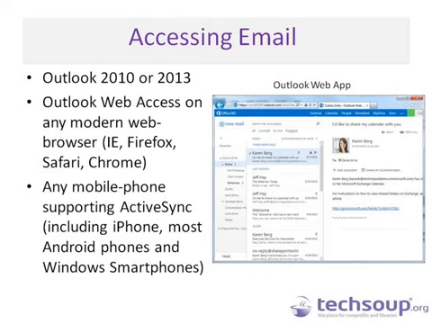It's bigger than any email box you've ever had in your whole entire life. Your email is accessible either through Microsoft Outlook, and for Microsoft Outlook we like to have 2010 as a minimum. 2013 works even better. Microsoft will tell you that 2007 also works, which it will.